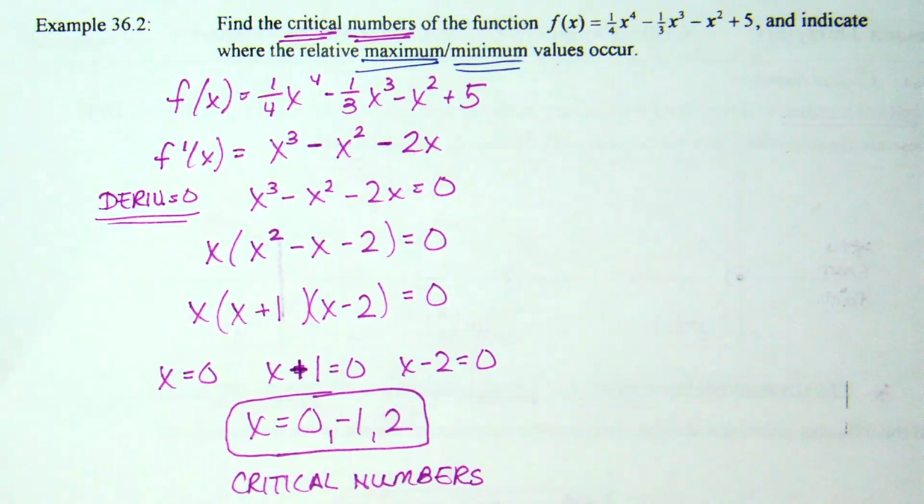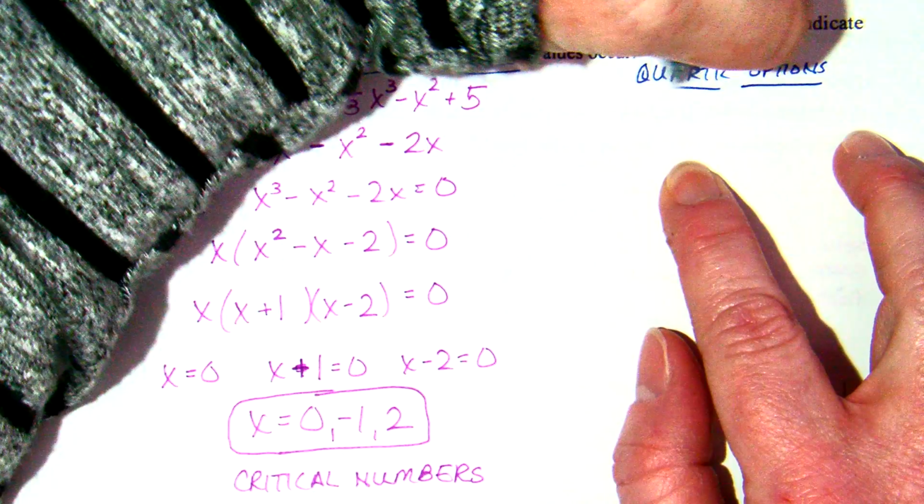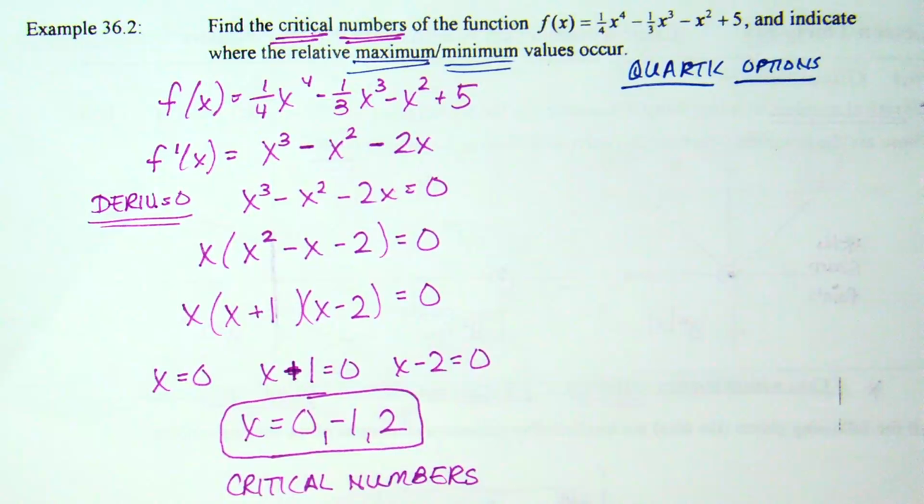Okay. It's an x to the fourth. It's a quartic. I showed you quartic on the lesson I recorded last week, right? A basic quartic looks like a flattened parabola.